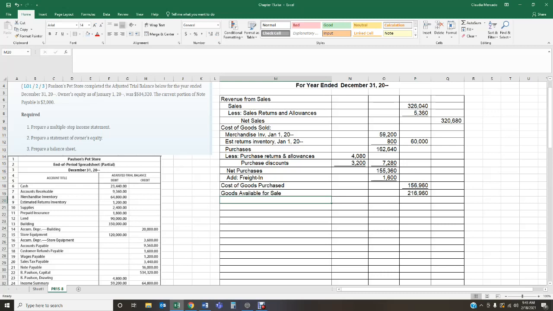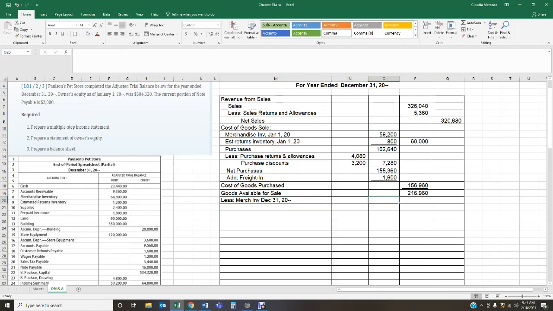Okay. Now that I've got this figured out, I can go ahead and deduct my merchandise inventory because I still have it available. I have not sold it yet. So I'm going to deduct merchandise inventory December the 31st. Okay.